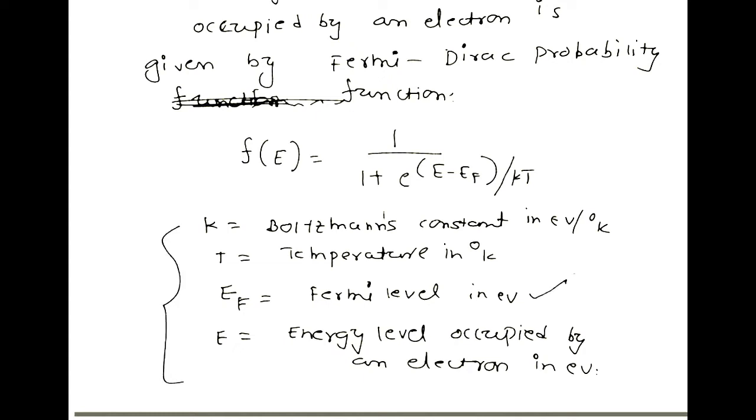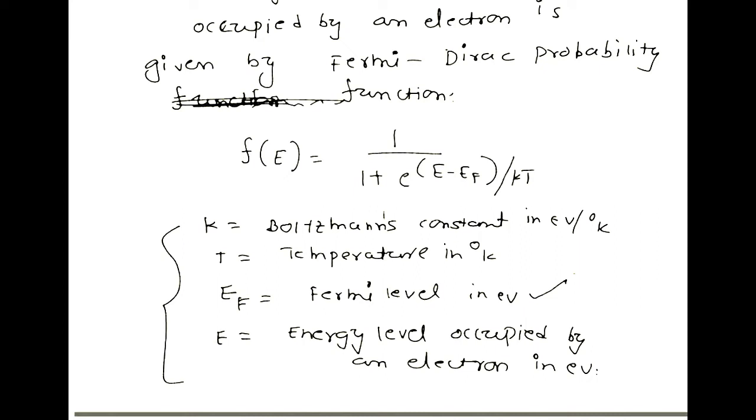Basically, this Fermi level is a characteristic energy for the crystal. That is, the Fermi level EF indicates the probability of occupancy of an energy level by an electron.